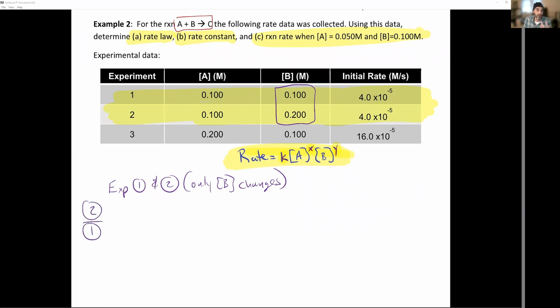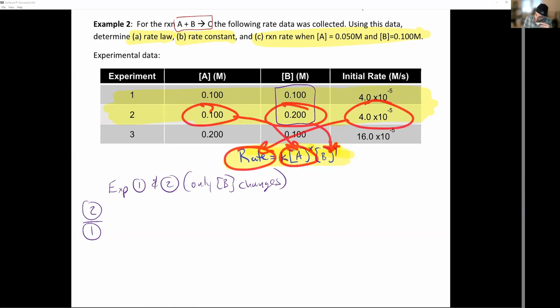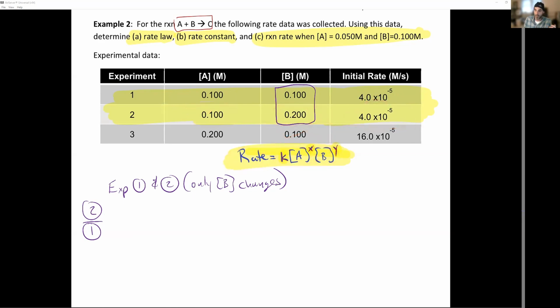I'm simply going to plug in all of the values: for experiment 2, the rate, the concentration of B, and the concentration of A. So this is what it looks like.